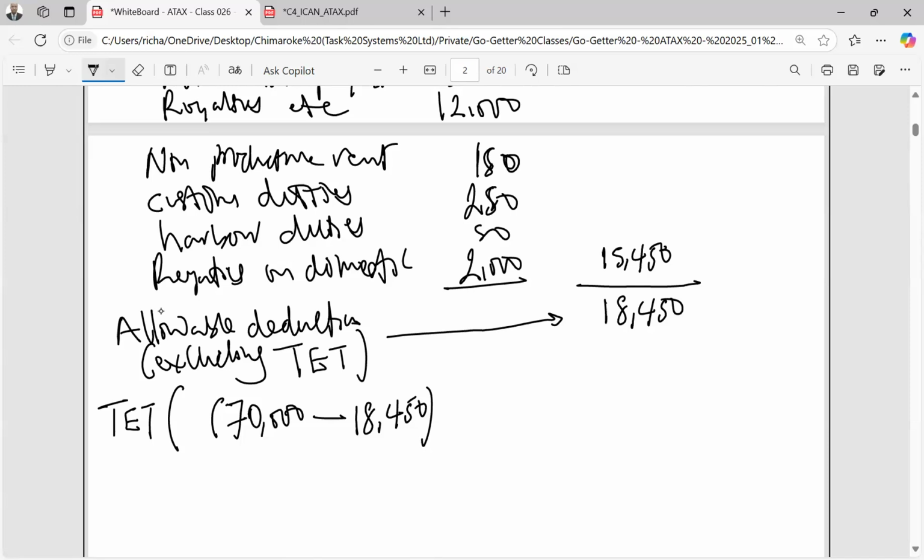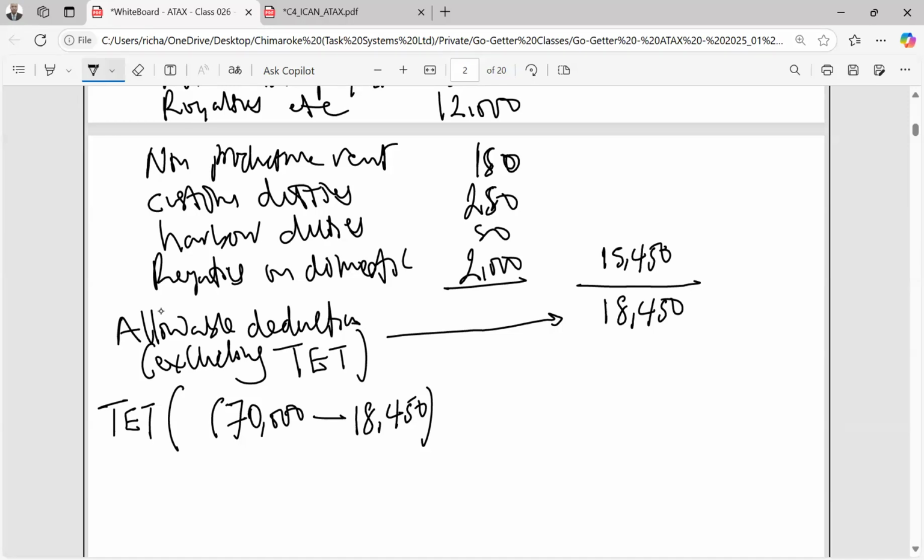But the truth of the matter is, our accessible profit of 18,450 is not complete because we have not removed TET. And TET is 2% of accessible profit. Because TET has not been removed, if you minus this 18,450 from 70,000, we are not having 100% accessible profits because a 2% TET is included in your result.